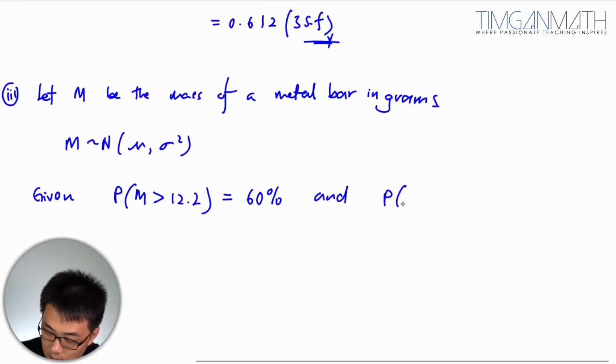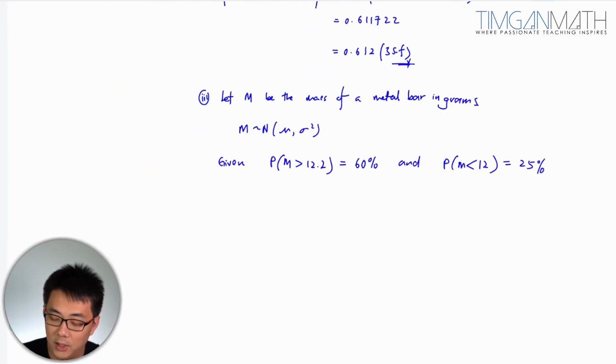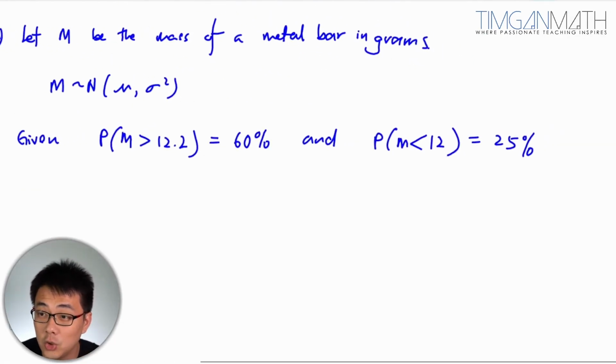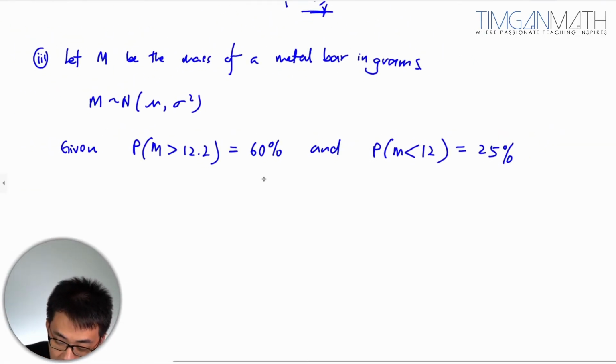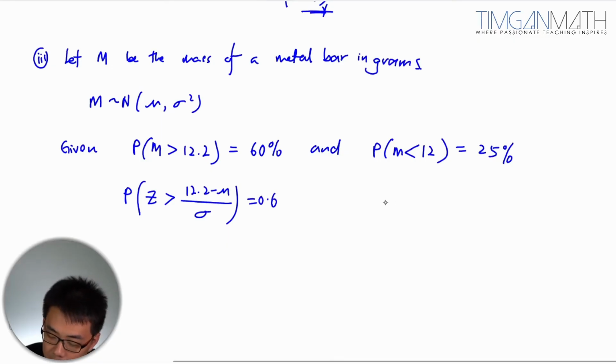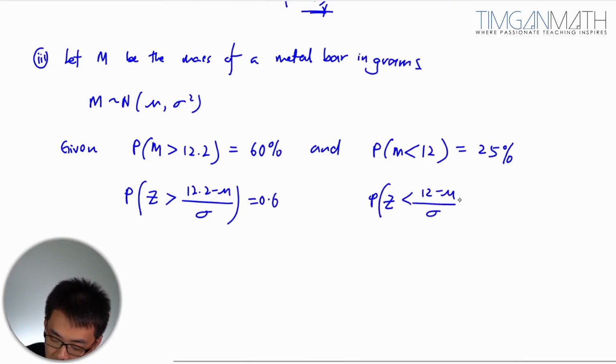So this is obviously using standardization. Shouldn't be a problem. We standardize to Z: P(Z > (12.2 minus mu) over sigma) is 0.6, and P(Z < (12 minus mu) over sigma) is 0.25.